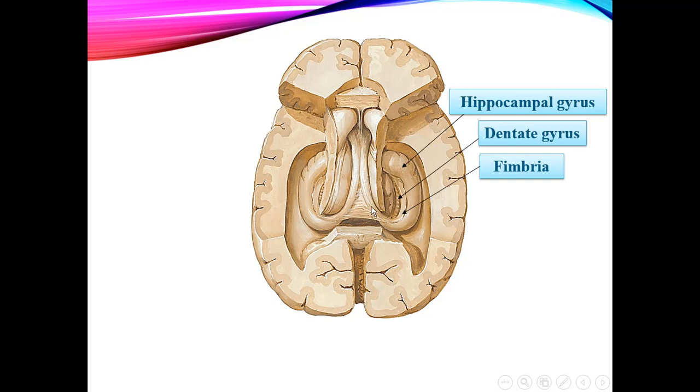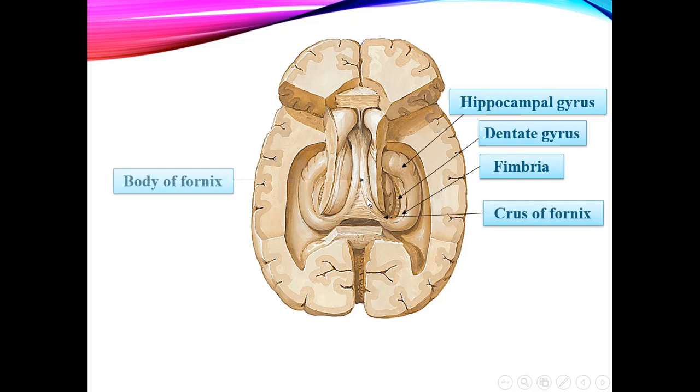Okay, each fornix contains 3 parts, including the crus. Here is the crus of the fornix, body, and column, which the column is not seen in this slide. So we can say the fimbria becomes continuous with the crus of the fornix, and the crus of the fornix becomes continuous with the body of the fornix.